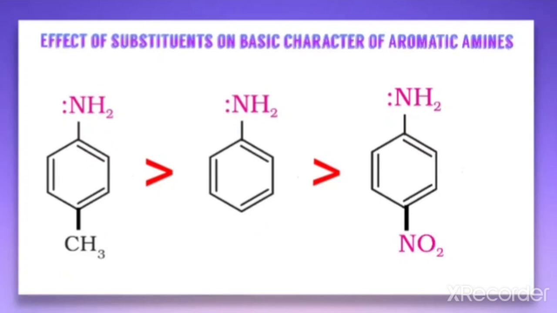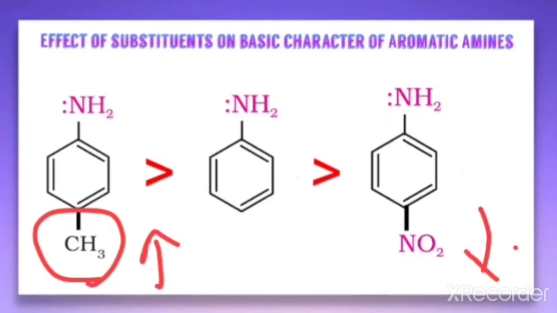This is because CH3 is an electron donating group. It releases the electron, stabilizes the cation and increases the basic strength. But the electron withdrawing group withdraws the electron, destabilizes the cation and decreases the basic strength.